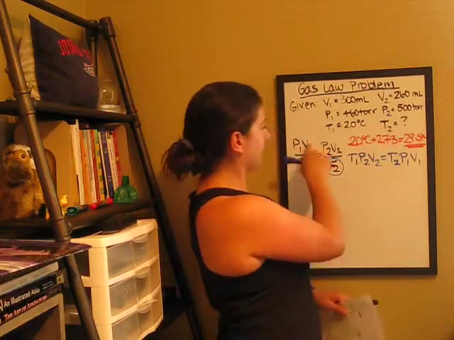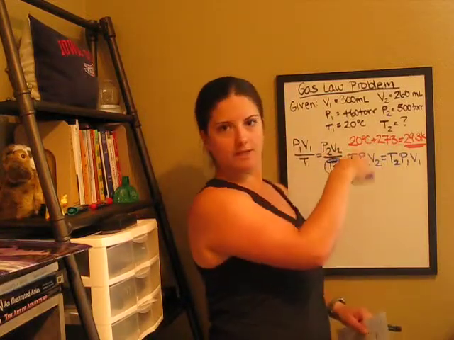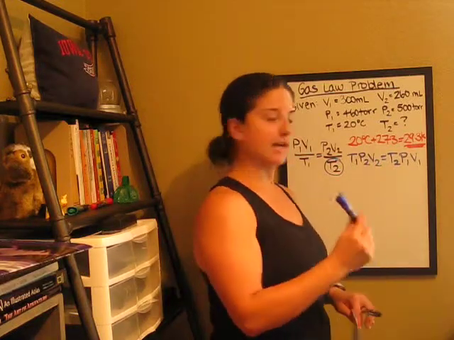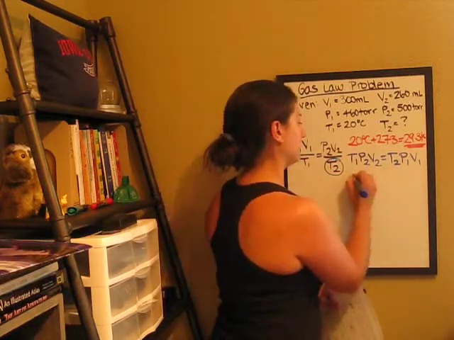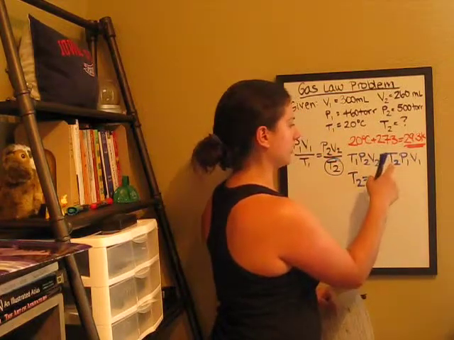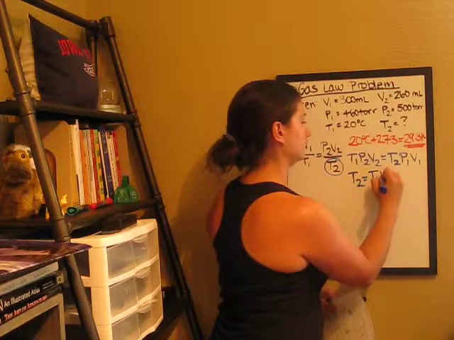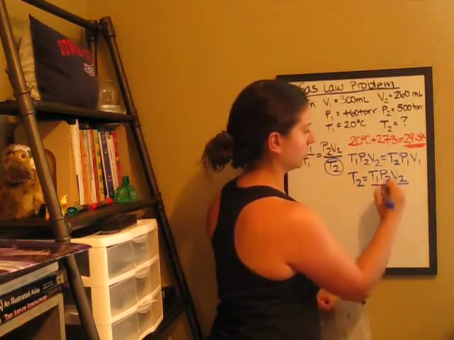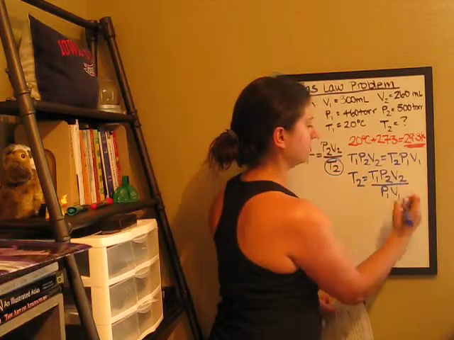Okay, so we multiplied across in the ratios and set them equal to each other. We then divide through to isolate T2. So I'm going to switch these around here too. We have T2 is equal to T1 P2 V2 over P1 V1.